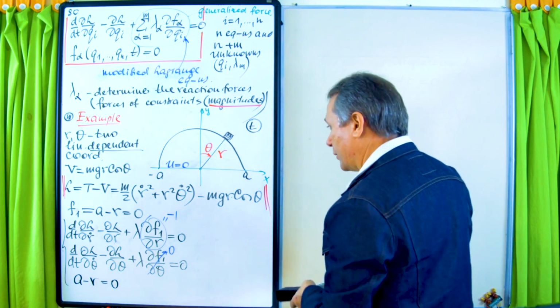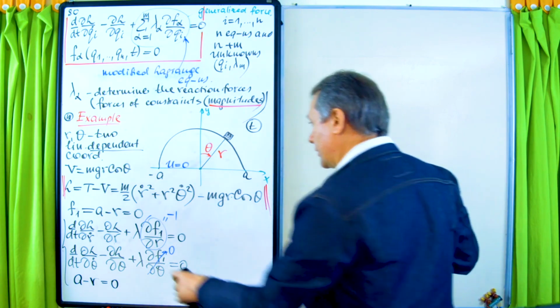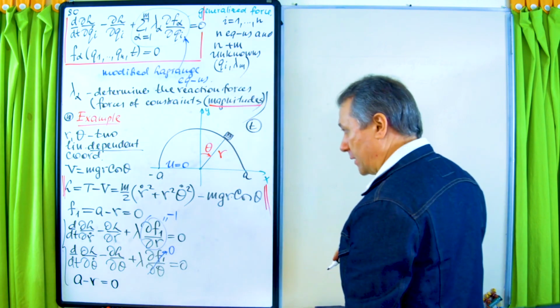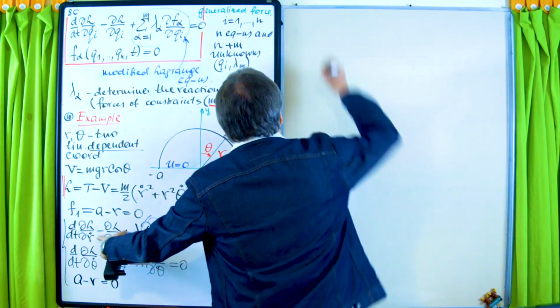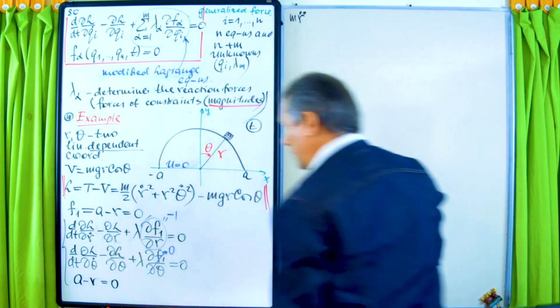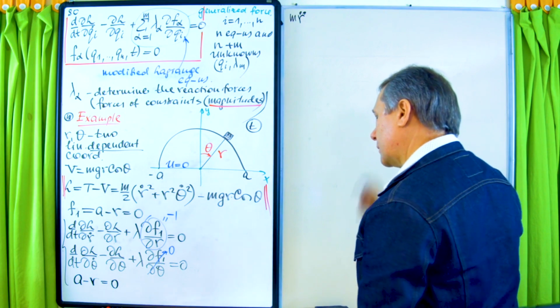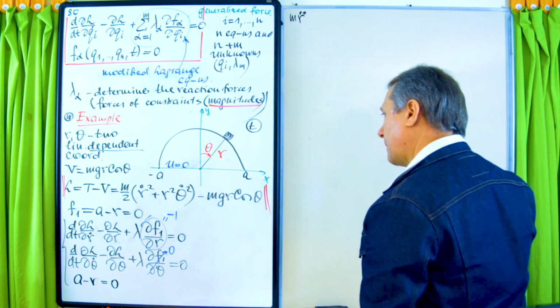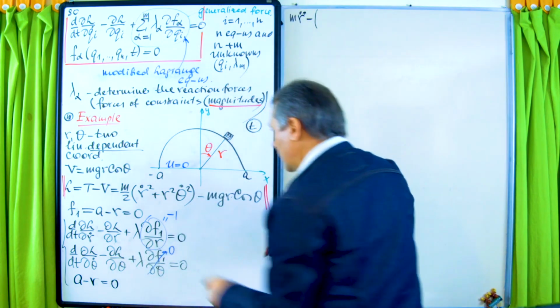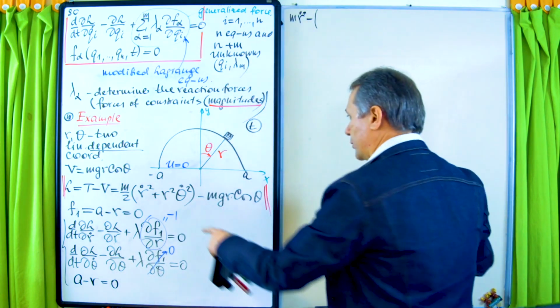So now we have to carefully differentiate. So d over dt of the derivative with respect to r dot will give us m r double dot, right? Then minus dL over dr. We have r present in two places, so there are two terms, and we have to be careful.